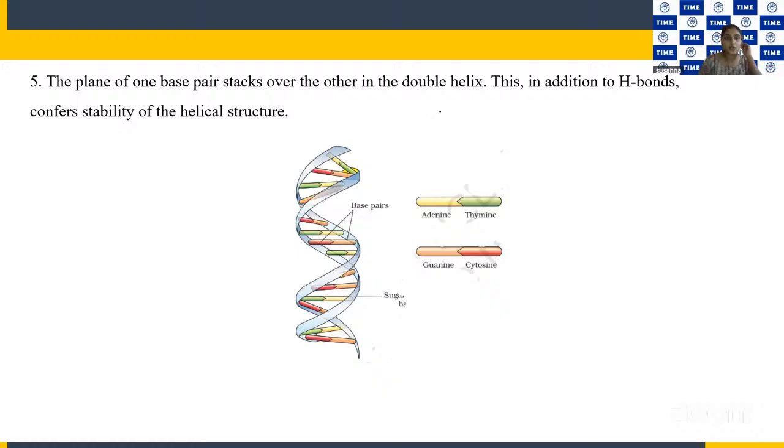This, in addition to hydrogen bonds, confers stability to the helical structure. So base stacking is very important. That is, one base pair stacks over the other in the double helix. Take the case of the double helix: adenine stacks over the thymine.